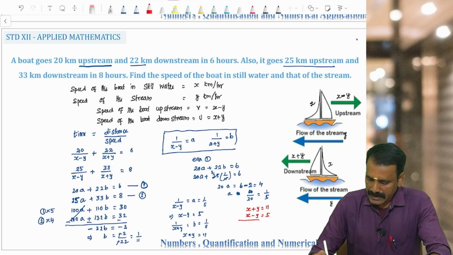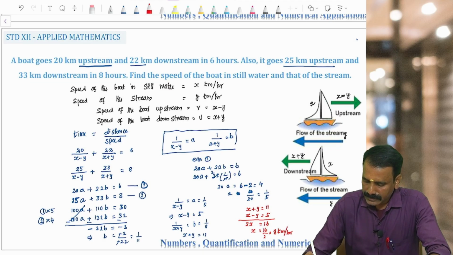So we cancel. 2x is equal to 16. So x is equal to 16 by 2, that is equal to 8 km per hour. Substitute x is equal to 8 in x plus y is equal to 11. So 8 plus y is equal to 11.